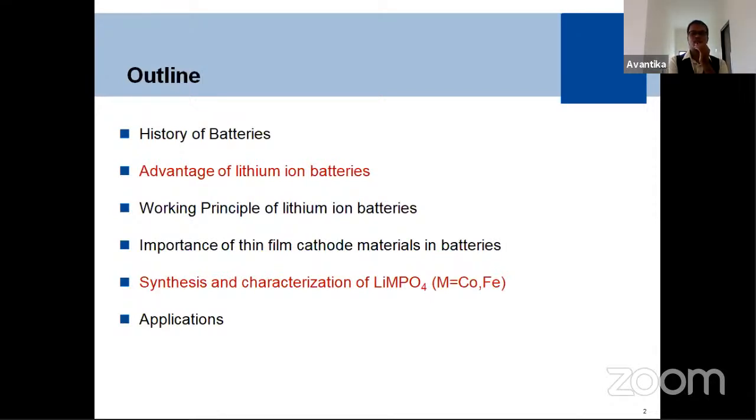From that method, how one can prepare the cathode materials, and I will tell you the important characteristics of the cathode materials, and finally I will tell you the applications.